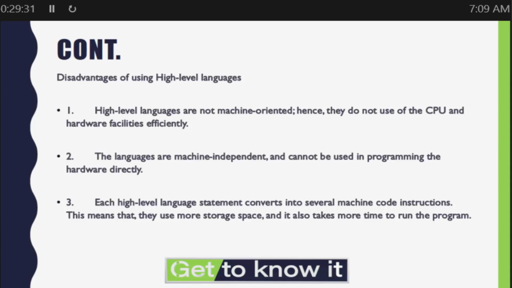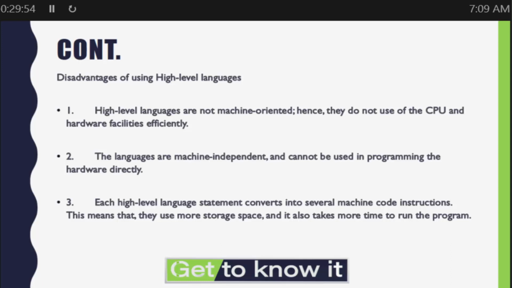Each high-level language statement converts into several machine code instructions. This means that they use more storage space and it also takes more time to learn the program. So we said that low-level languages usually take less space in your computer's memory.